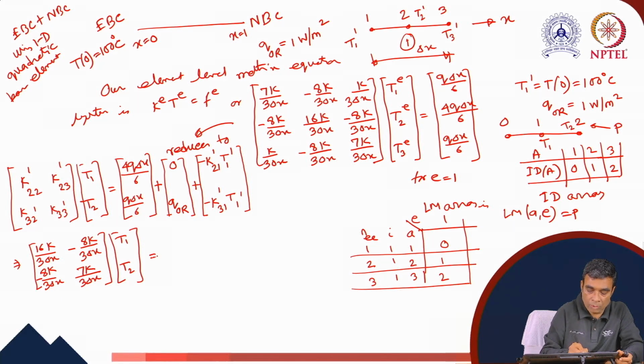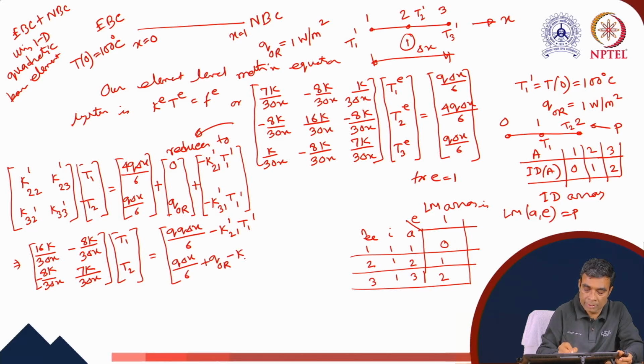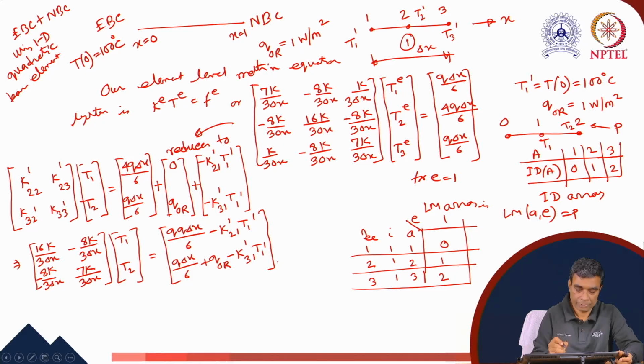The right hand side load vector is 4Q delta x by 6 minus K_211 T_11. Here it is Q delta x by 6 plus Q_0R minus K_311 T_11. So we can substitute the values here.